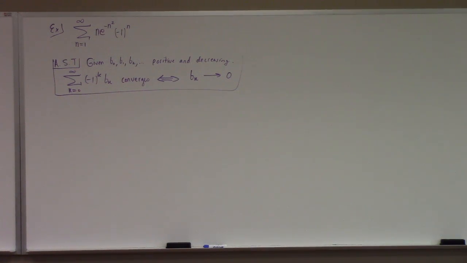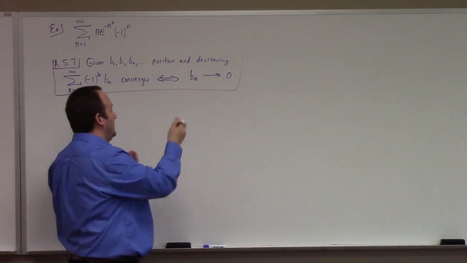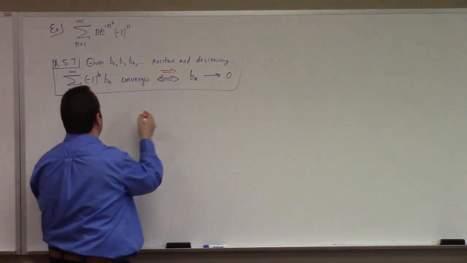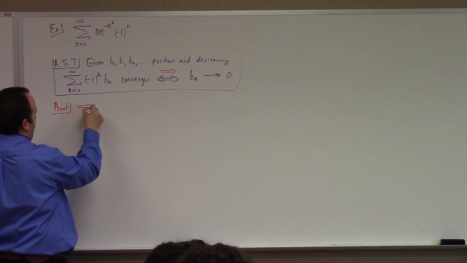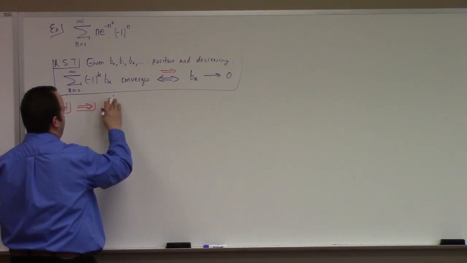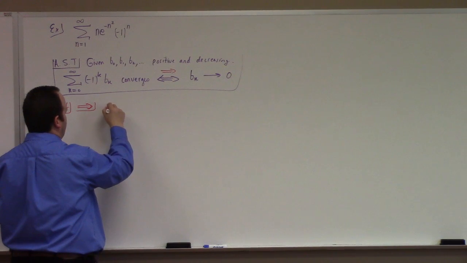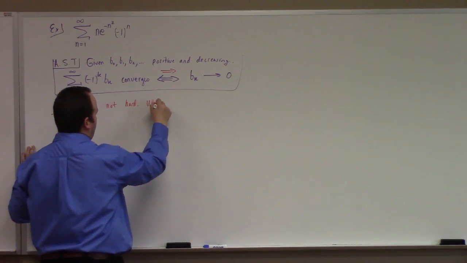As I talked about the partial sums yesterday, the one proof we did was fine. This direction: if this converges, that must go to 0. The proof yesterday is not hard. What we did yesterday is cool.